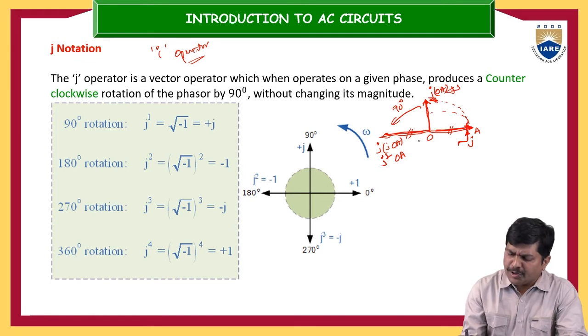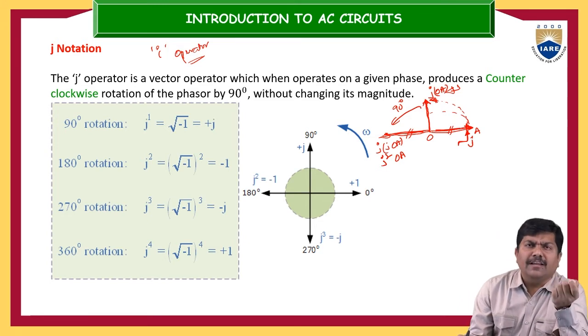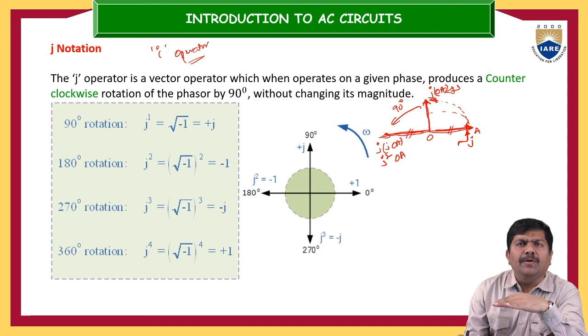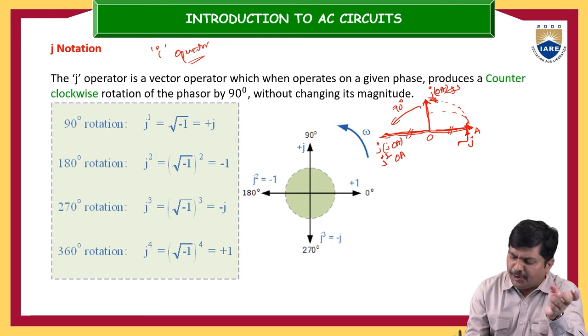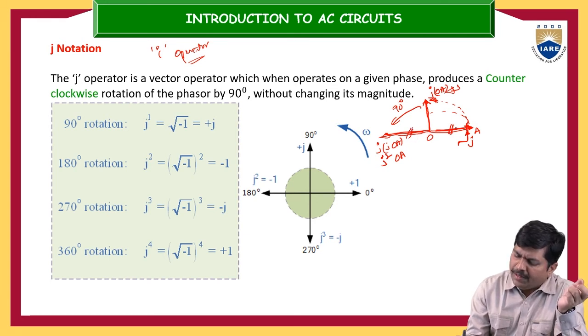Phase opposition means the magnitude is the same. Whenever you apply a j operator on any quantity, the magnitude remains the same, and only it is rotated by 90 degrees anti-clockwise. Only the angular difference changes.